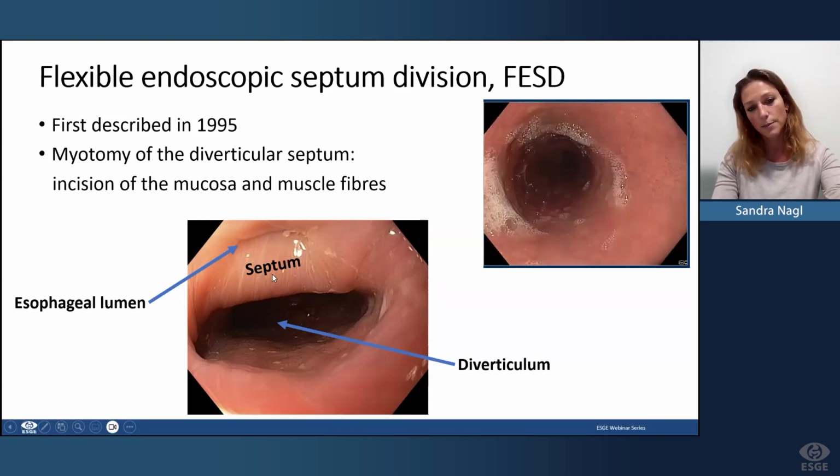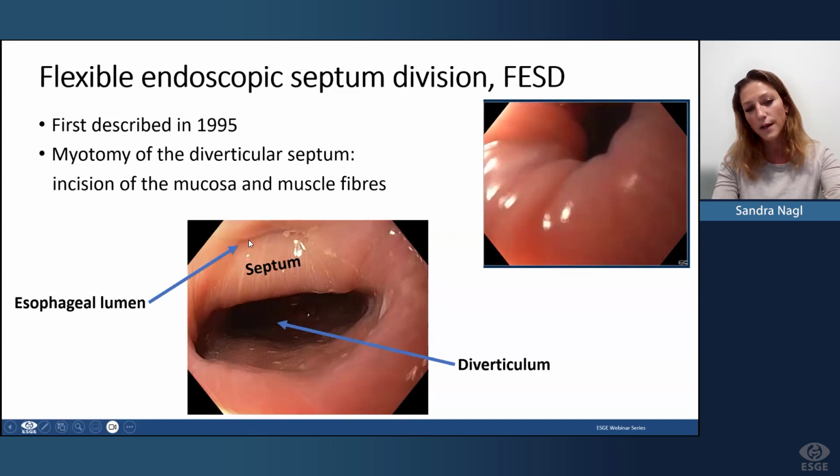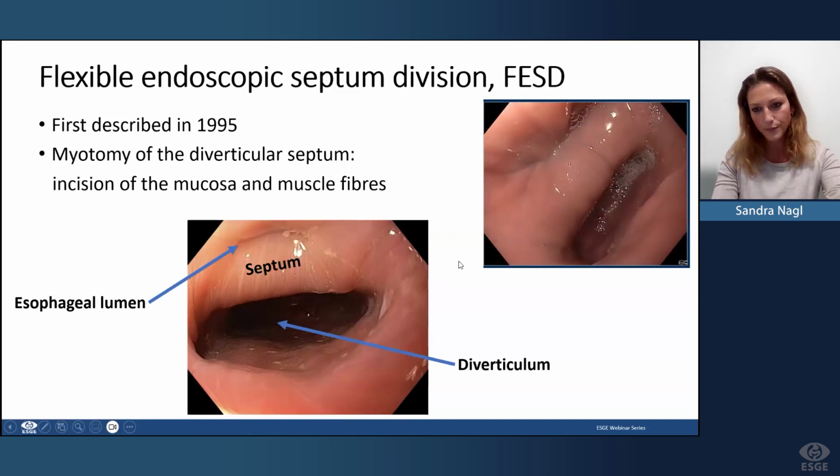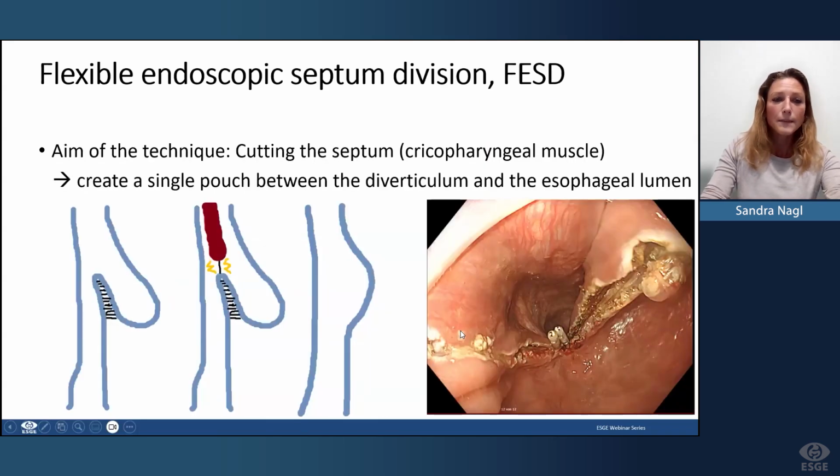We see the septum, and here a really narrow entrance into the esophageal lumen. The technique aims to cut the cricopharyngeal muscle in order to create a single pouch between the diverticulum and the esophageal lumen.